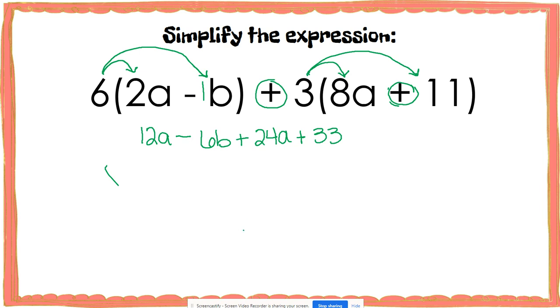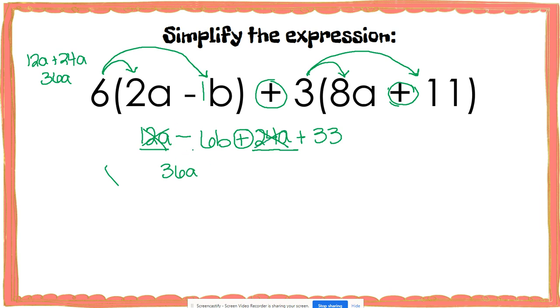Now I always need to check my expression to see if it has any like terms and if it can be simplified. My first term here is 12a, and I notice that I also have 24a in this expression, so these can be simplified. So I'm going to combine 12a plus 24a, and when I add 12a plus 24a, I get 36a. So I'm going to write 36a, and now these are going to cancel.